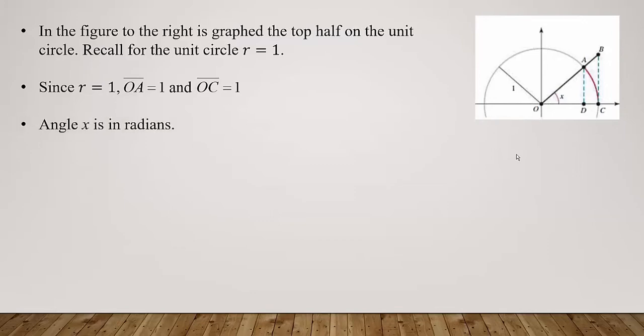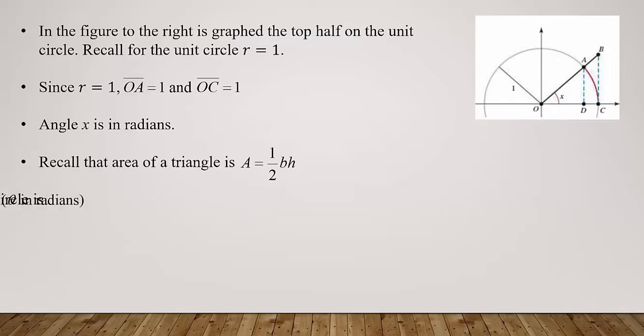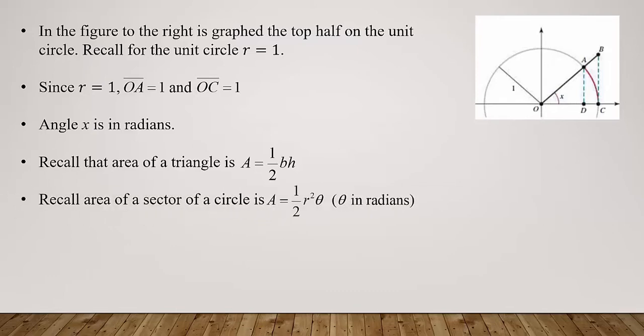We know angle x is going to be in radians. Remember from geometry that the area of a triangle is 1/2 base times height. And then remember from trigonometry that the area of a sector of a circle, like a piece of pie or a piece of pizza, is given by area equals 1/2 r squared theta. And again, theta is in radians.